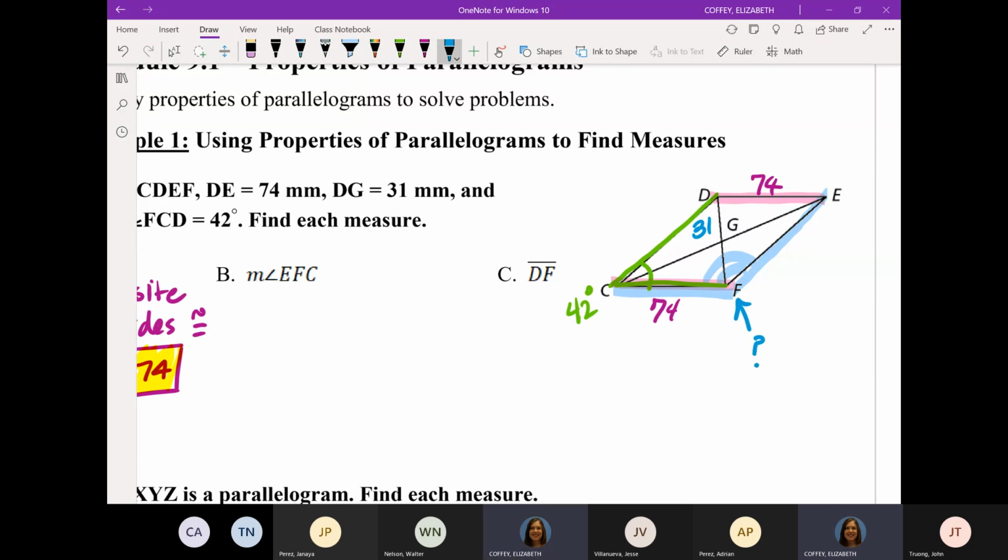The only angle that I know here is 42, angle C. I'm trying to find angle F. So I want you to think about it, be careful here. Are these two angles, C and F, opposite each other or are they consecutive to each other? What do you guys think? Consecutive? That's correct.